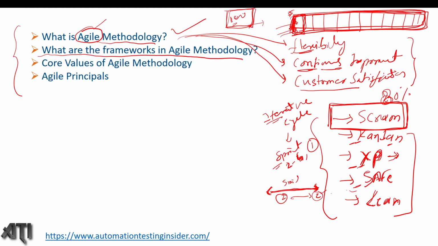And if I talk about the iterative cycle, firstly sprint planning will be there, then development, and then release. So this will be an iterative cycle: sprint planning, development of the sprint's different business requirements, and then we release the software. So this is how the cycle looks.